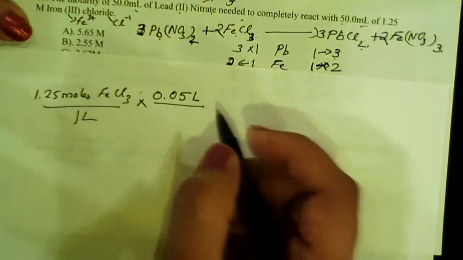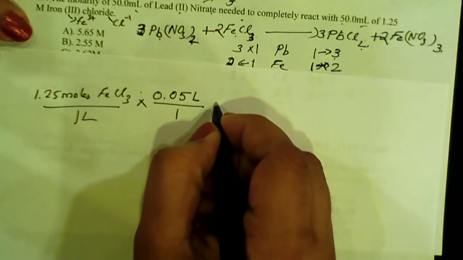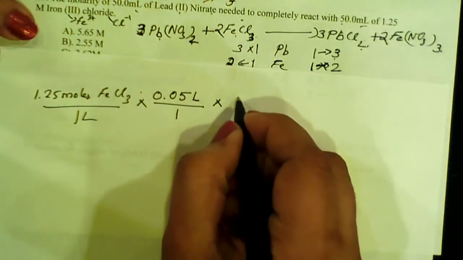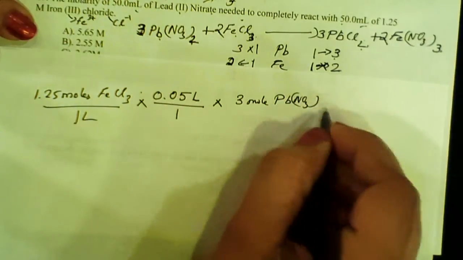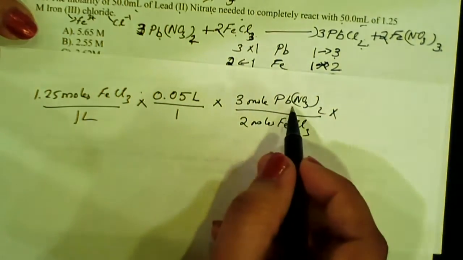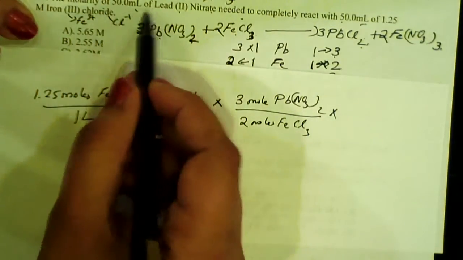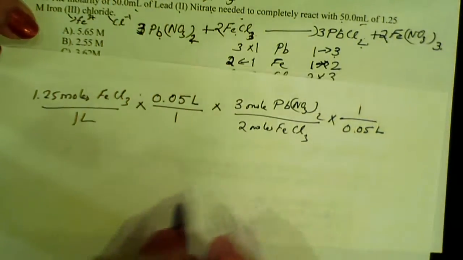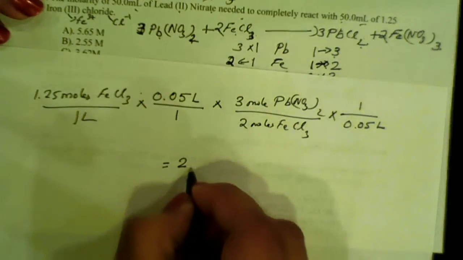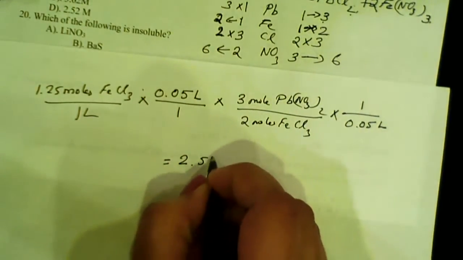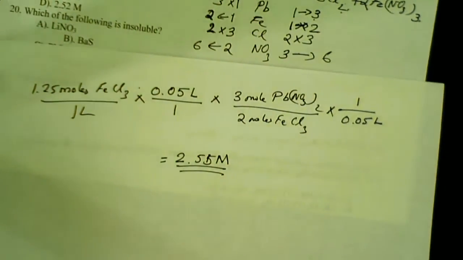So 1.25 moles of FeCl3 in 1 liter, and its number of moles will be 0.05 liters over 1, times, convert the moles of FeCl3 to moles of Pb(NO3)2, which is 3 moles of Pb(NO3)2 with 2 moles of FeCl3, and then you will get the moles of Pb(NO3)2, and then divide that by the volume, but volume must be in liters, which is 1 over 0.05 liters.